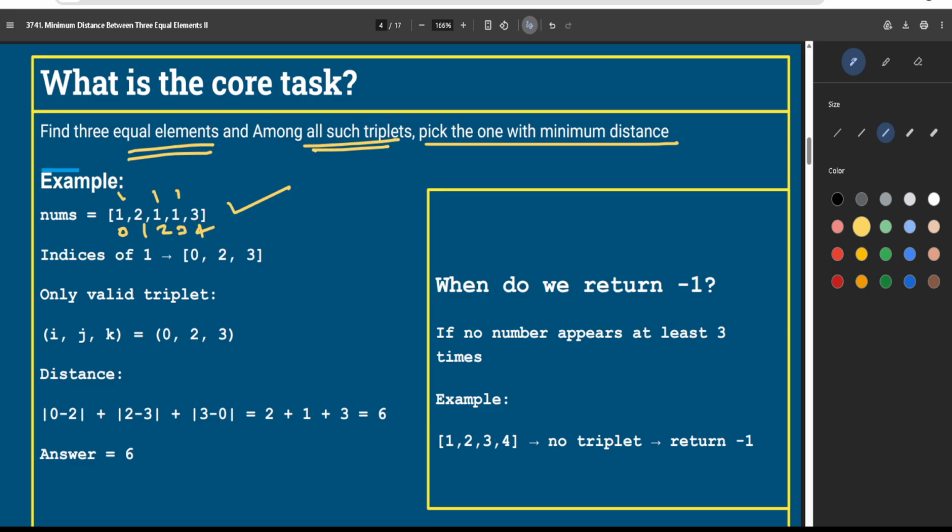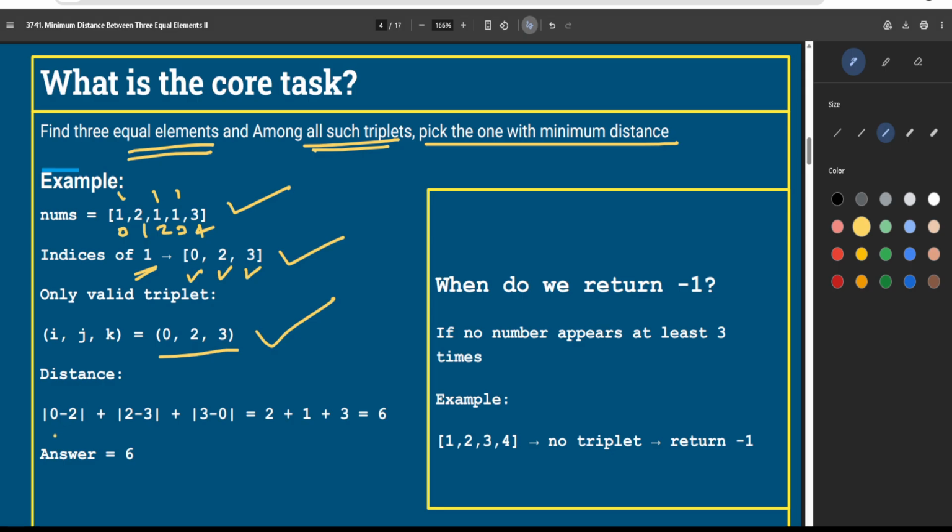We pick indices 0, 2 and 3, because the values at these indices are all equal to 1. If we assume these are i, j and k, then nums[i], nums[j] and nums[k] are all the same, which means this is a valid triplet. So we choose these indices i, j, k as a valid triplet. Now we'll find the distance.